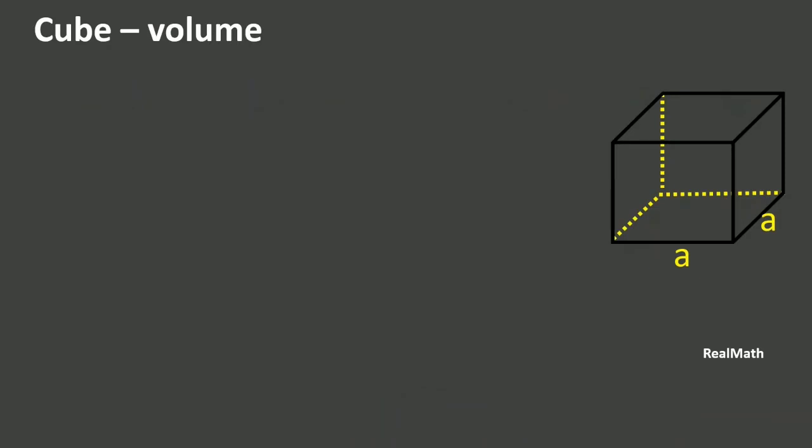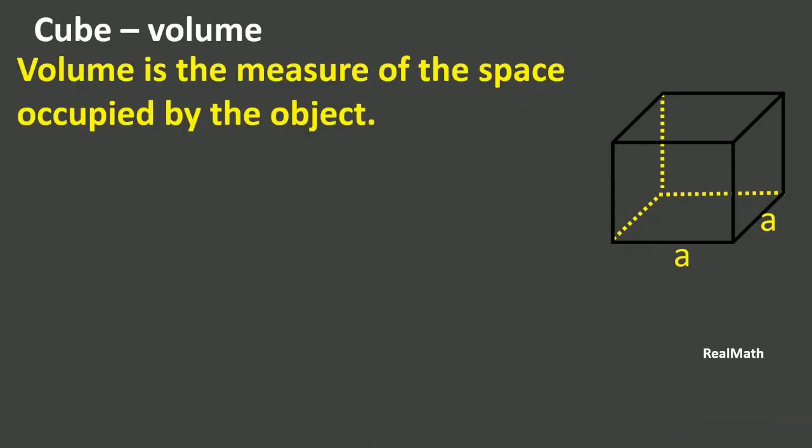Now, volume of a cube. Volume is a measure of space occupied by the object. Now, you can see the cubical box. Assume it is empty. We are going to place the squares inside the cubical box. We are going to stack it up.